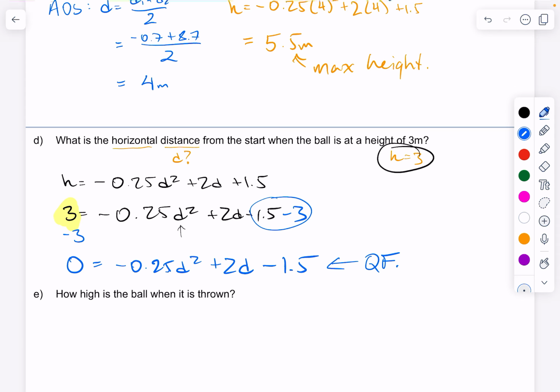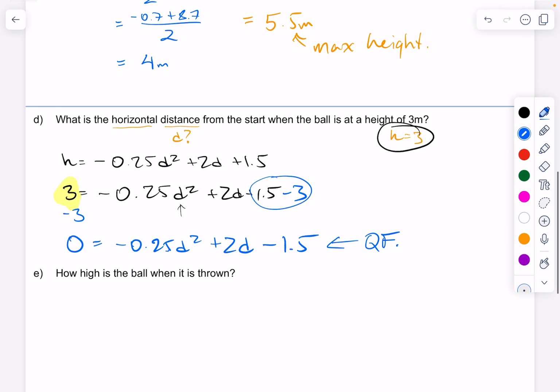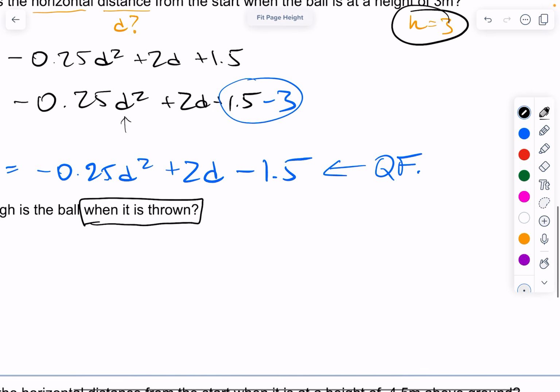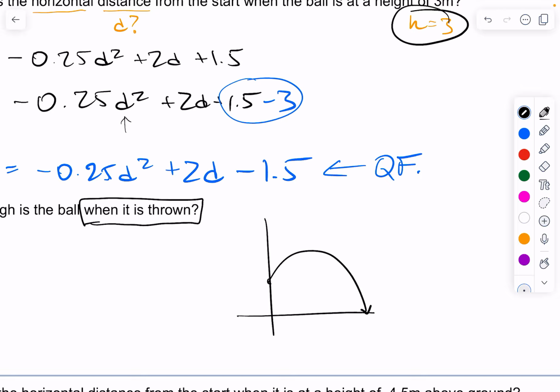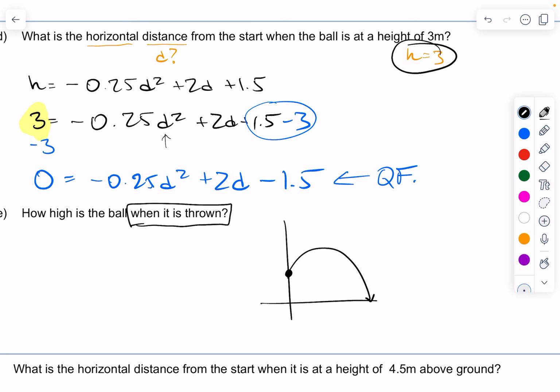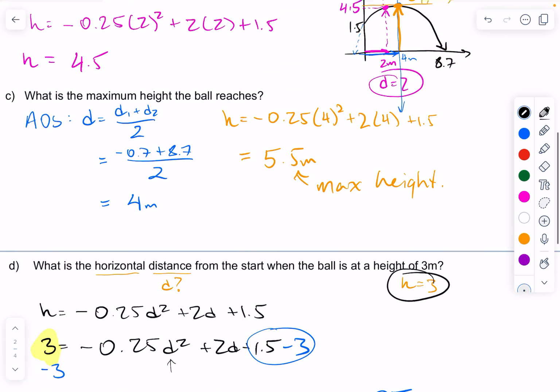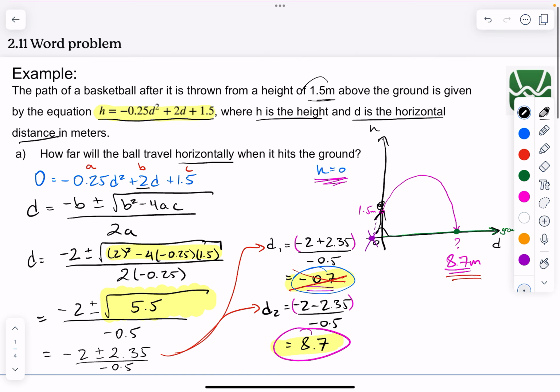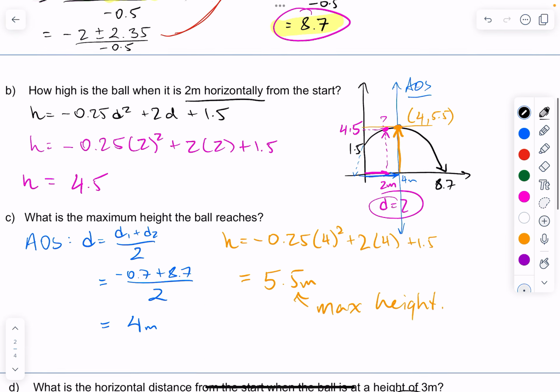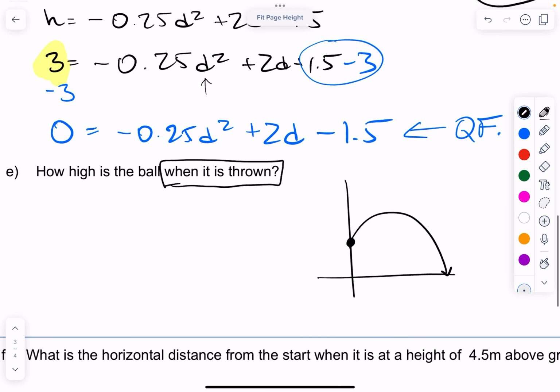How high is the ball when it first gets thrown? So when it first gets thrown, I'm thinking of my graph. When it first gets thrown, it's right here, right? So actually in my problem, it says that it starts at a height of 1.5. But even if it didn't say that, when it first gets thrown, what I know is that the horizontal distance is equal to 0.